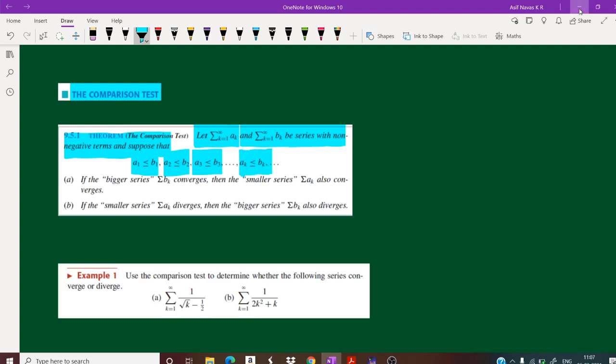Okay, so that means each term in series ak is less than or equal to each of the terms in series bk. So that means the bigger series is bk.